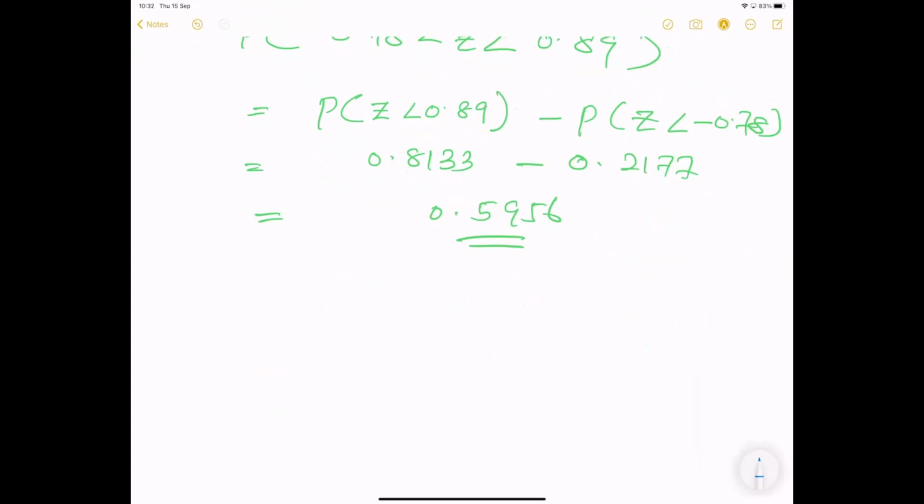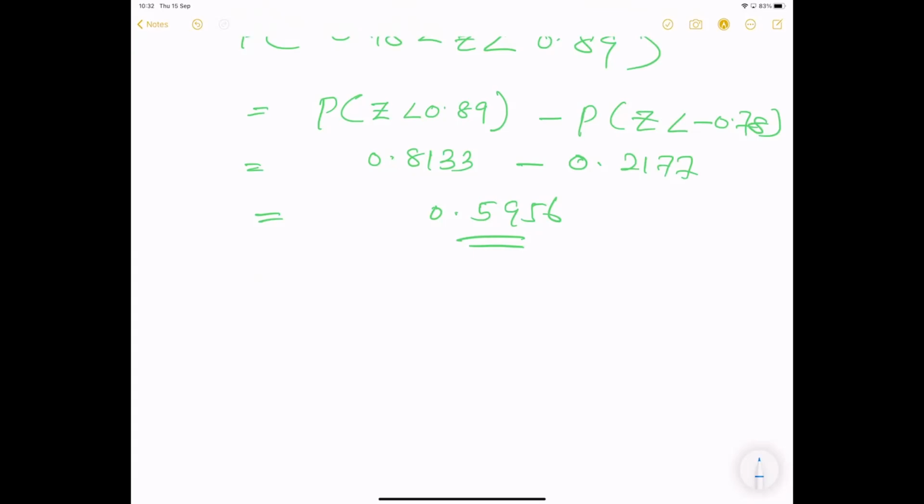We don't need to find the probability. The previous A, B, and C parts, we found the probabilities. They have asked to find the probabilities, but in part D they have given the probability. Then we have to find what is the value of X, the time, X variable.